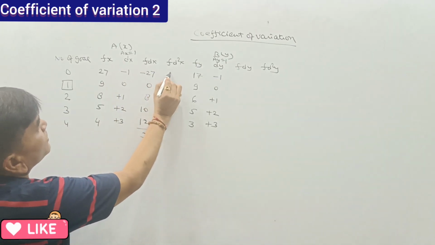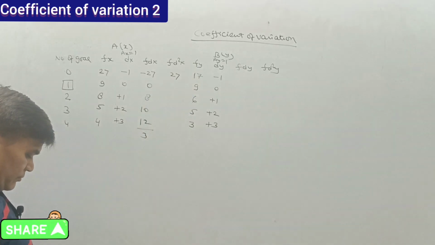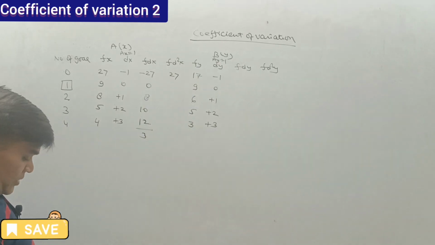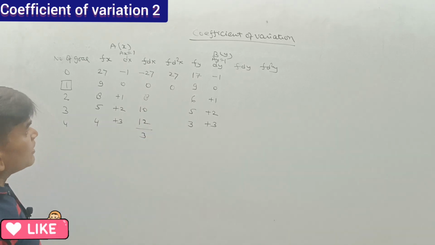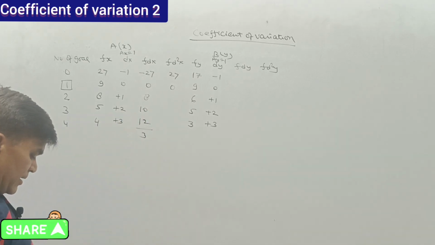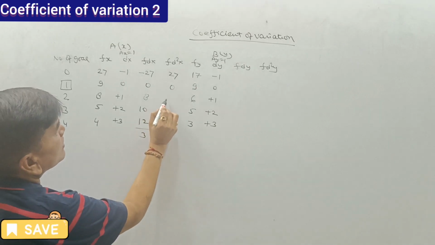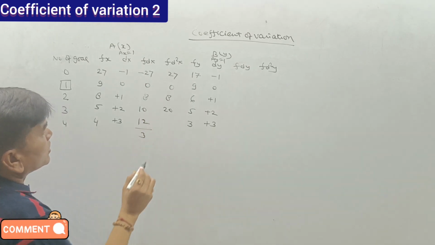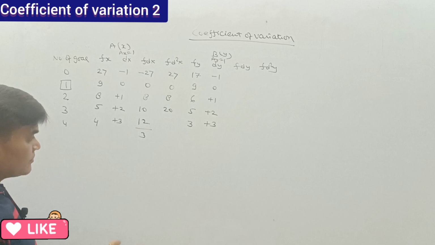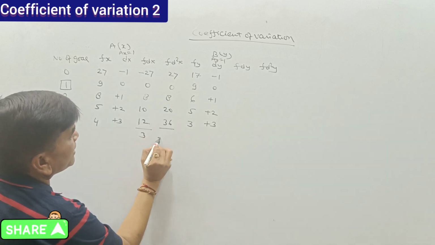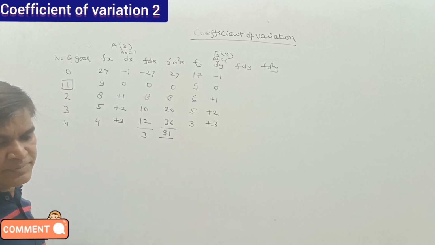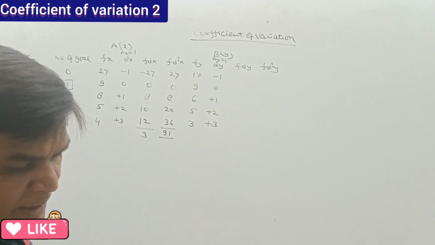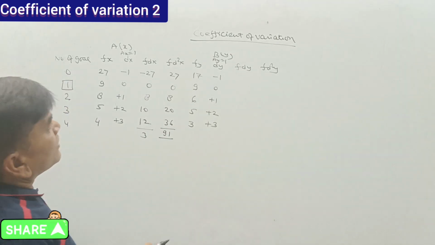Multiplying both of them: 27, 0, 8 times 1 is 8, 10 times 2 is 20, 12 times 3 is 36. So the addition of this will be 91.